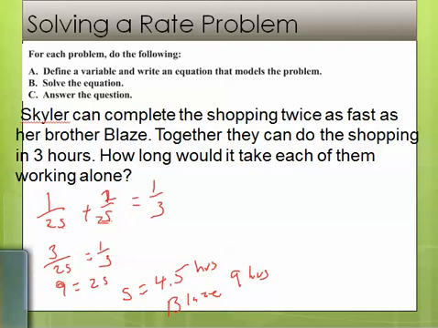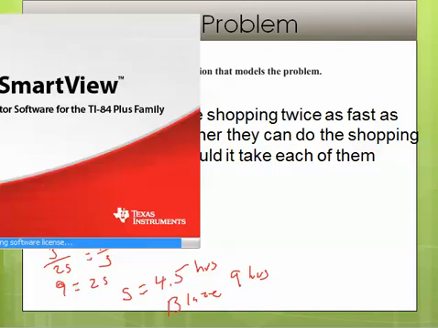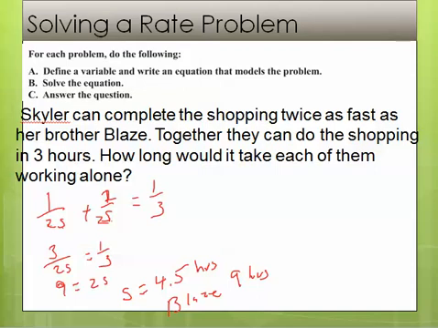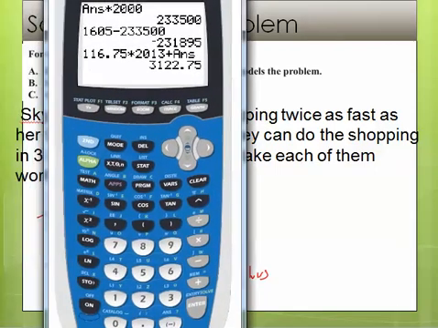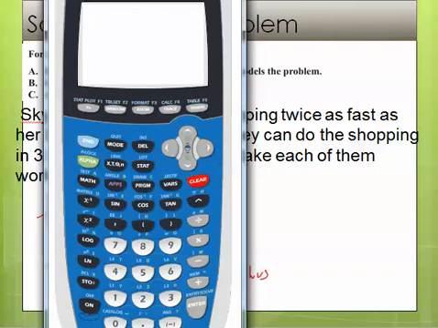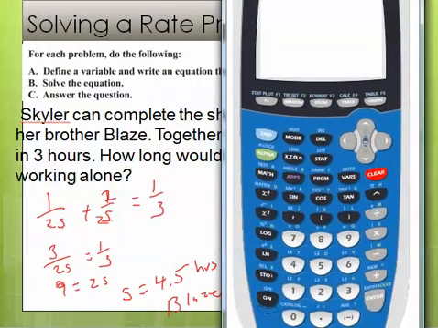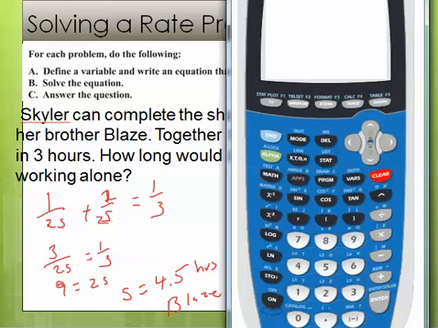Now, this one is worthy of starting up my calculator just to show you how this works. Because this is so cool. The little calculator can actually do this sort of stuff with us. So here I am. Bring my calculator over here to the screen so you can see it. And I'm going to clear all this out of it so that there's nothing there. And move it over a little bit so I can see the screen that we're working with.